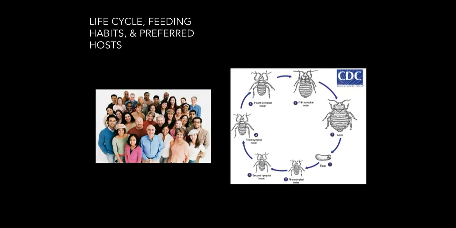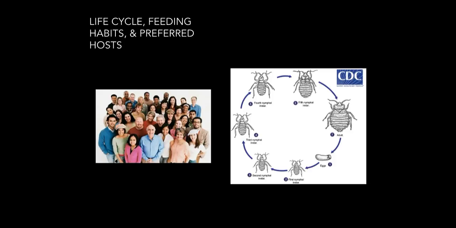These nymphs typically grow through 5 molting stages, as you can see right here. The way that breaks down is, initially, the egg, like I said, will measure around 1 millimeter, and it will hatch after 10 days.